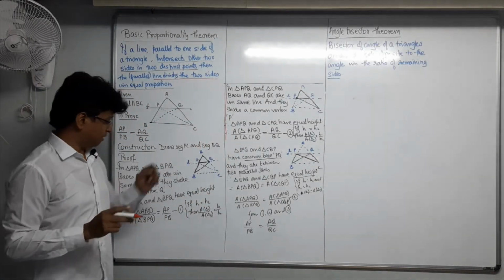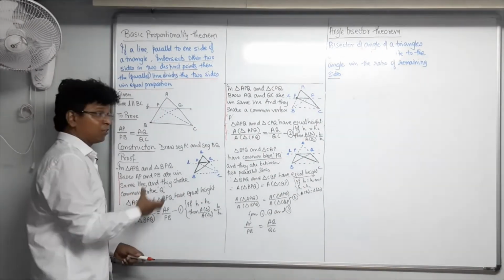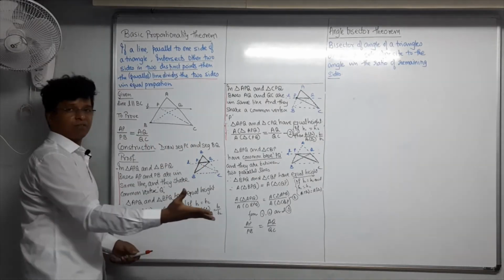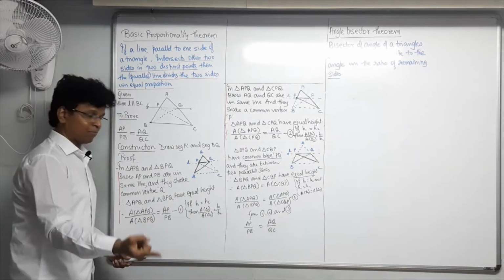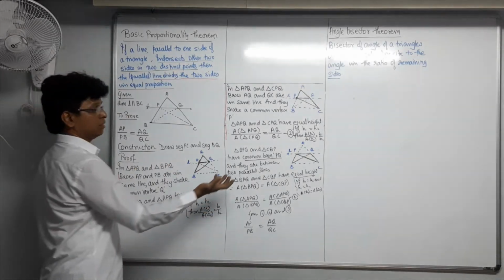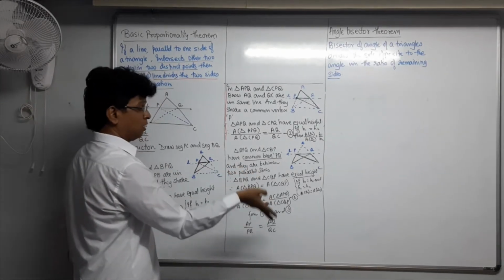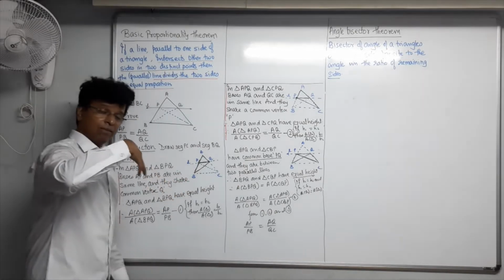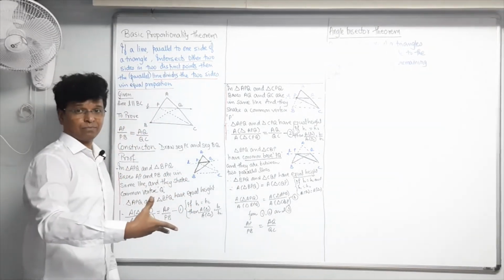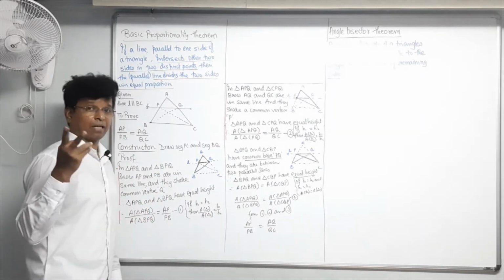So like this, you will be using two theorems. Actually, one theorem in two parts of the triangle. Same theorem you are using in two parts of the triangle. Then you will be calling the second theorem, in which two triangles have equal base and they also have equal height. Then there are two results.